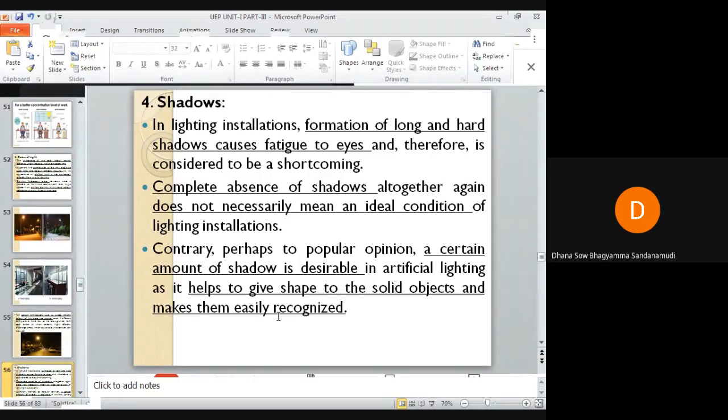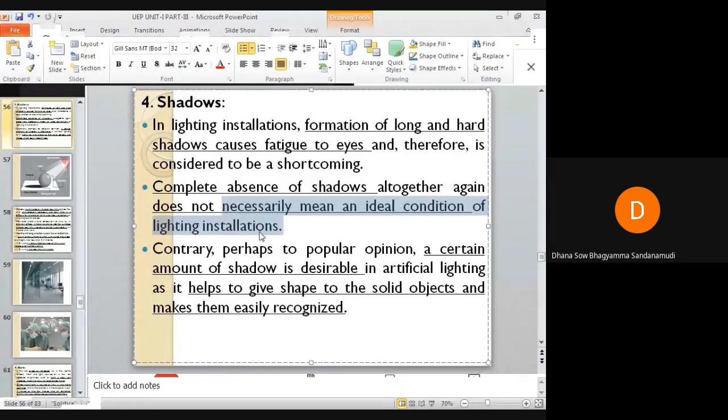It is also observed that in the complete absence of shadows, we can't clearly identify the borders of the object. So we can't call it an ideal condition. Absence of shadows is not an ideal condition.